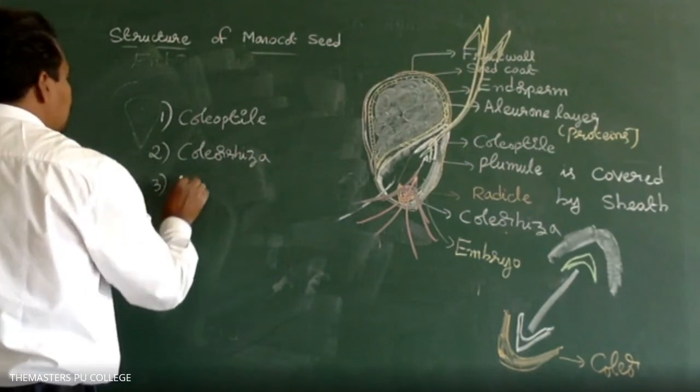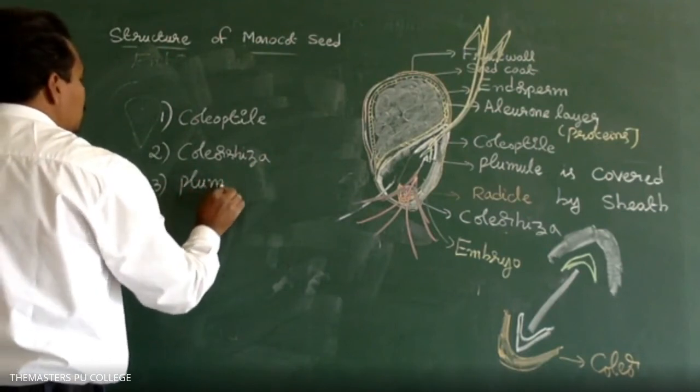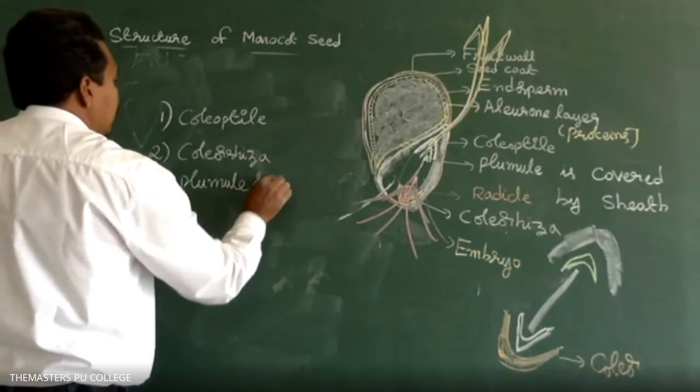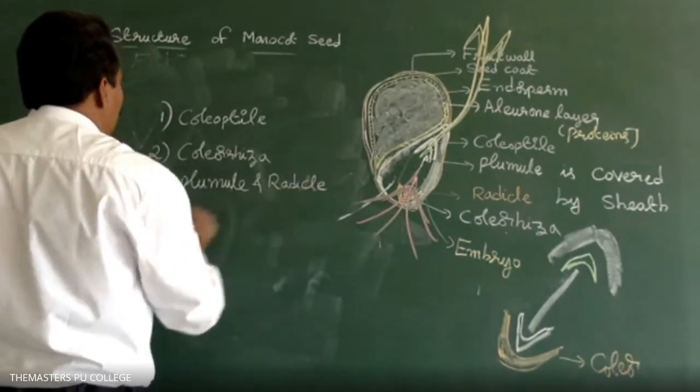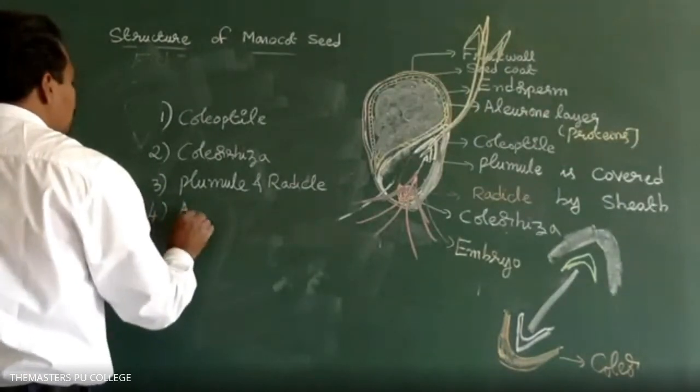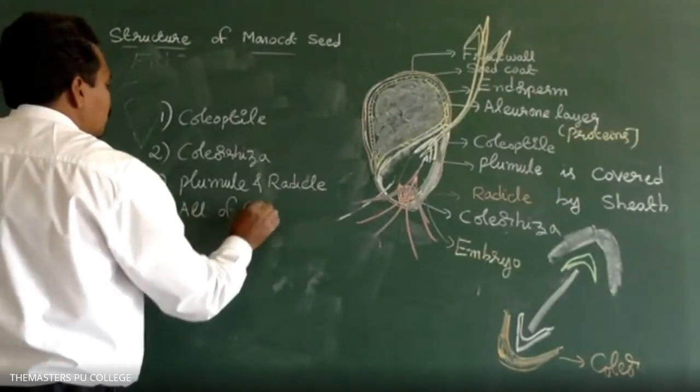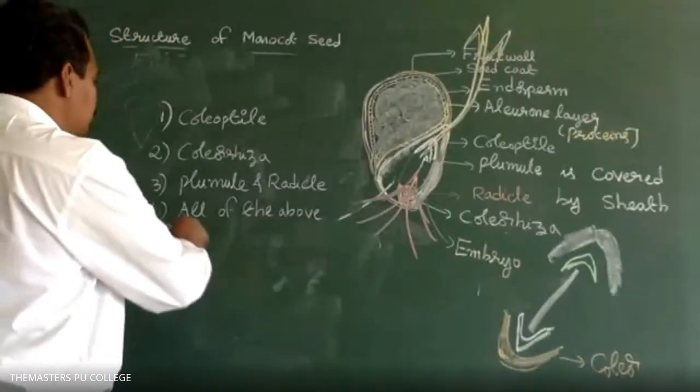Option 3, plumule and radical. Option 4, all of the above. Option 4, all of the above. Very good, option 4 is the correct answer. All of them.